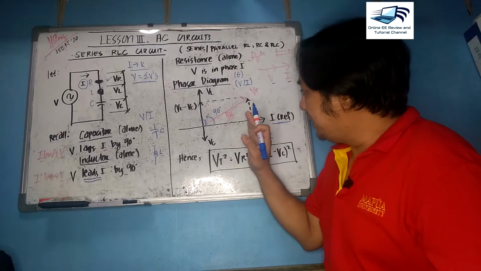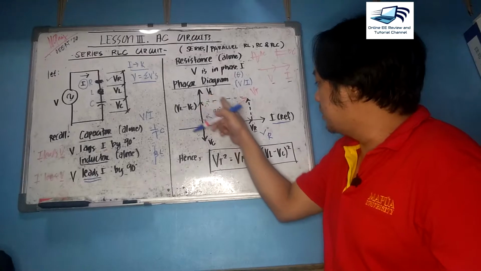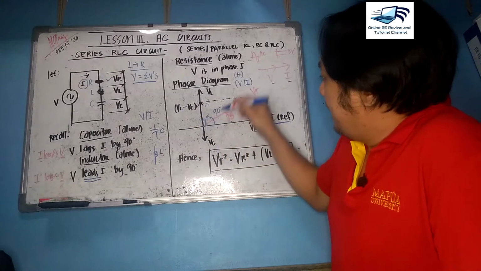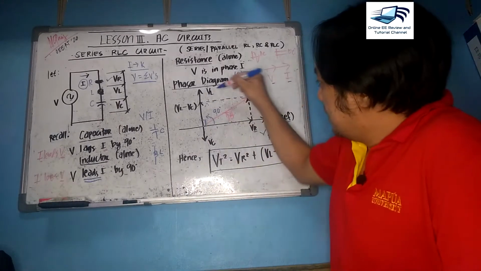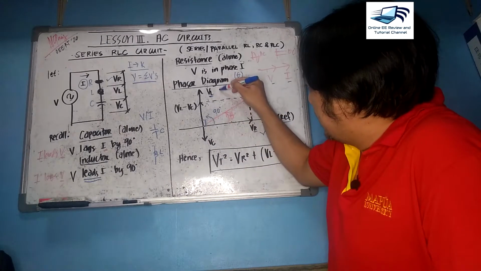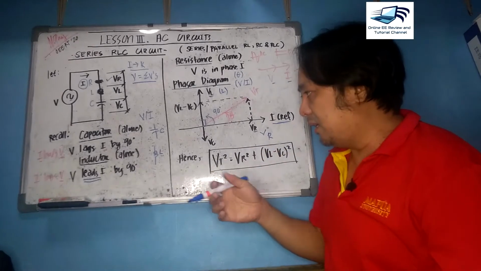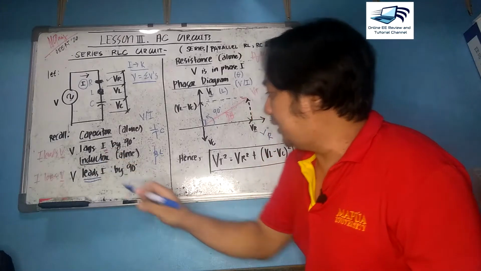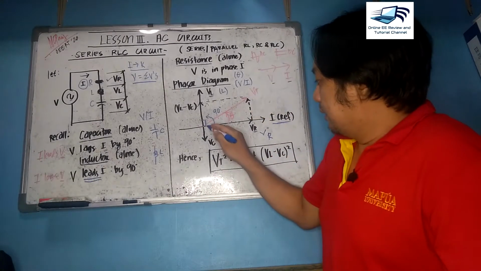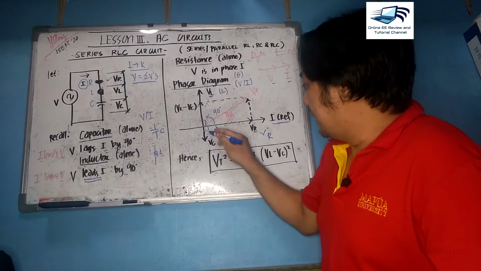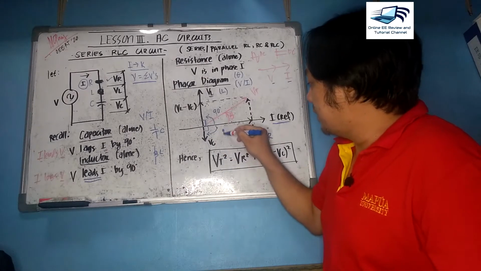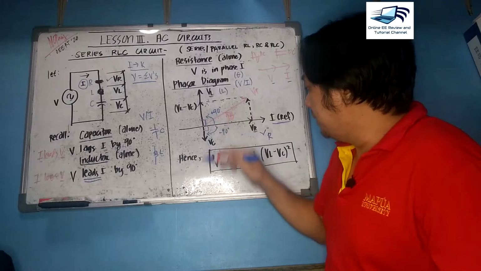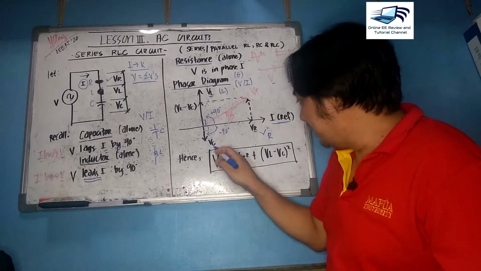So the voltage will lead the current by 90 degrees, and the placement of V here is simply your inductor. And last but not least, the voltage will lag the current by 90 degrees. If you turn the angle in a clockwise direction, since positive degree is for leading, VC will be located here.